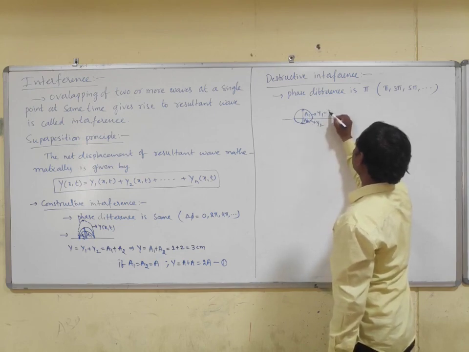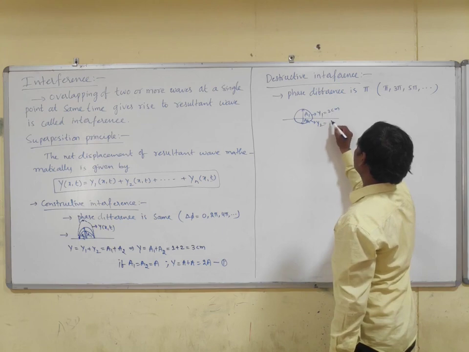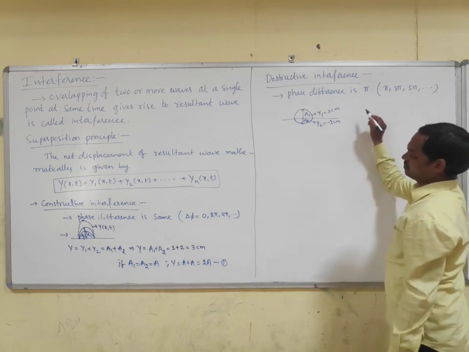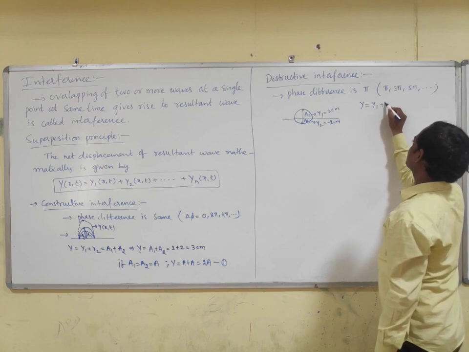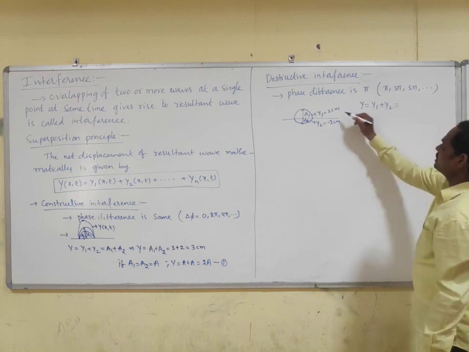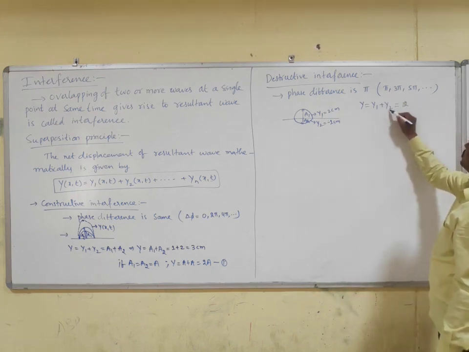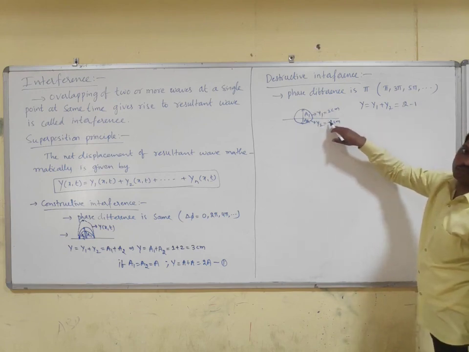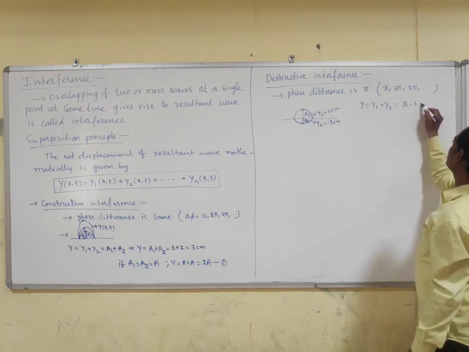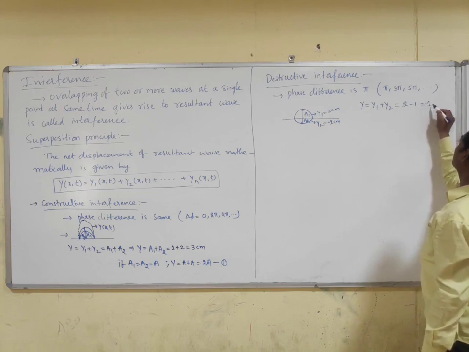Y1 is equal to 2 centimeter, Y2 is equal to minus 1 centimeter. Then what is the net displacement? Y1 plus Y2. What is Y1? 2. Y2 is minus 1 in the downward direction, so it is negative. So 2 minus 1 is equal to plus 1 centimeter.